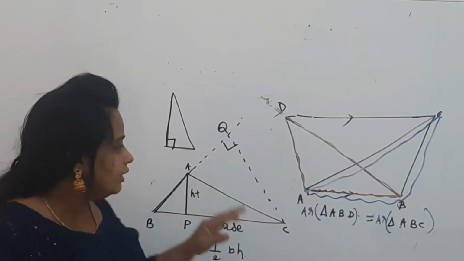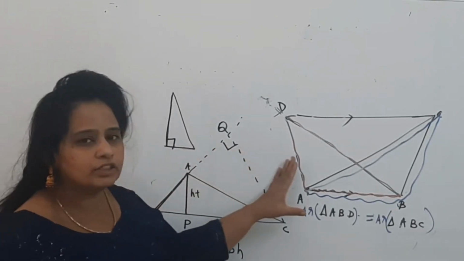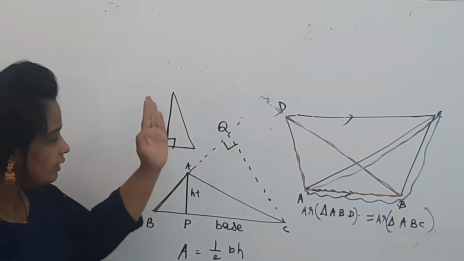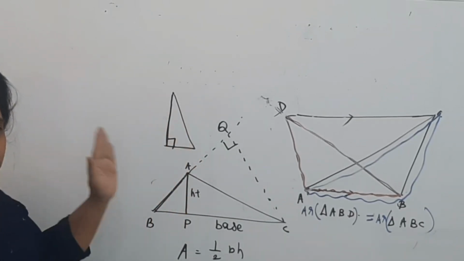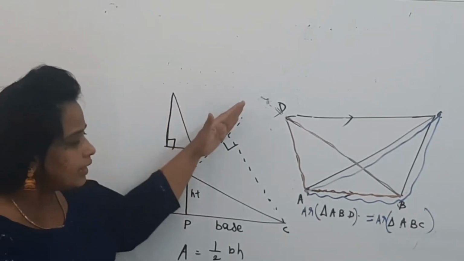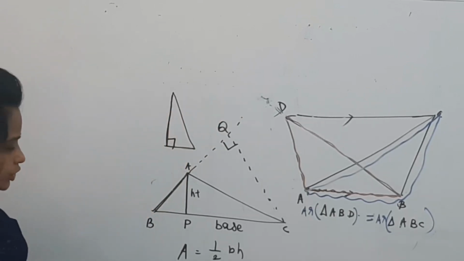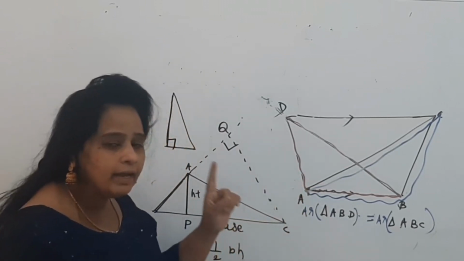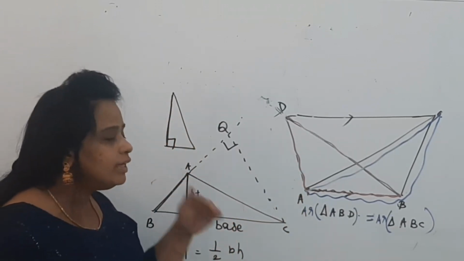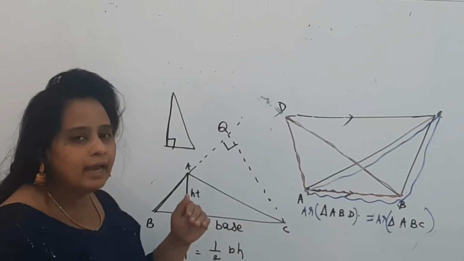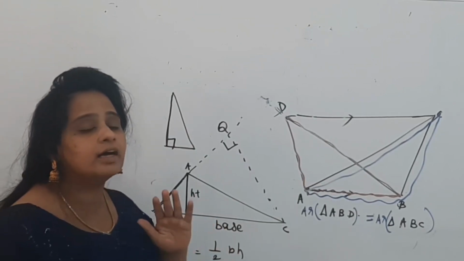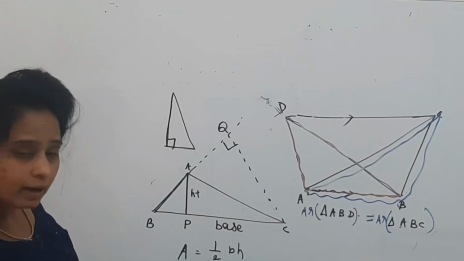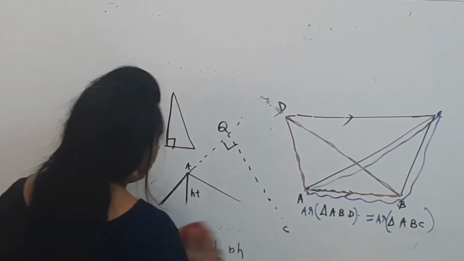So the two concepts are: for the area of a triangle, the base is given, and the altitude can lie outside the triangle when we extend it, we can draw the altitude. And when two triangles lie on the same base between the same parallels, their areas are equal. Hope everyone understood up to this. Now we directly go for the theorem.